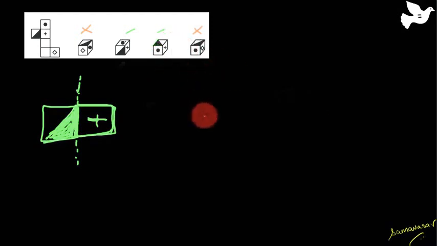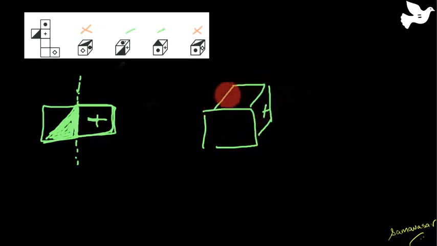Let me draw this bigger for you. This is the square and this is the triangle. The two side edges of the triangle are this one and this one, but they do not share an edge with the square containing the cross. So this is not the right answer and this is the right answer.